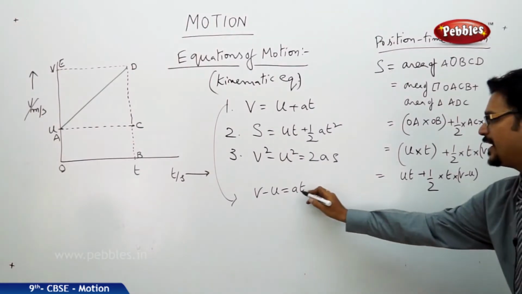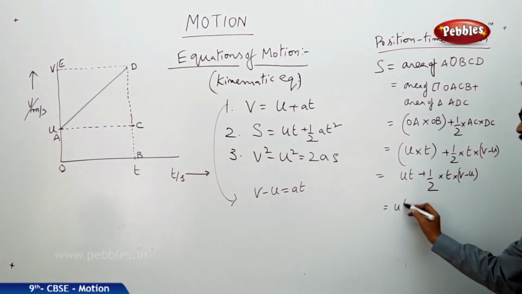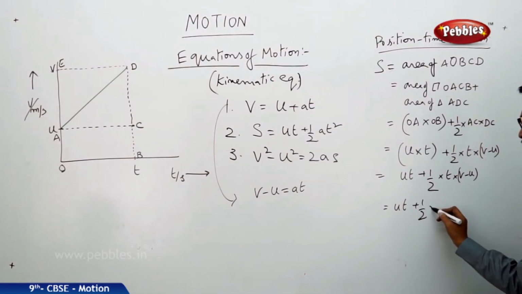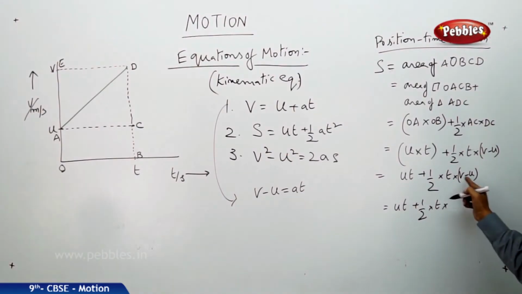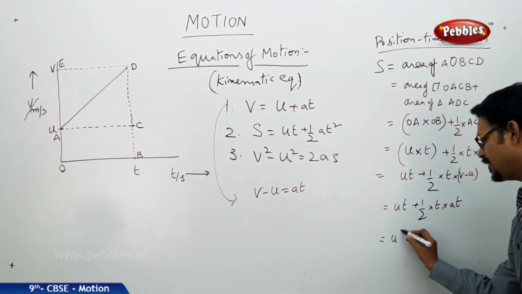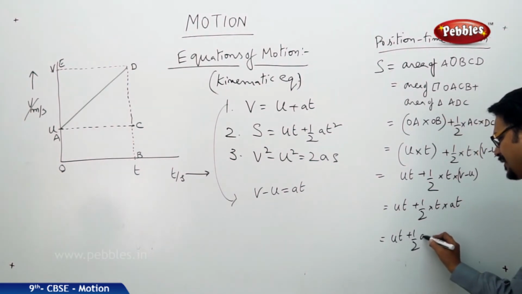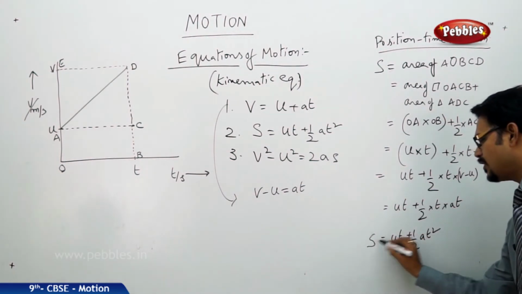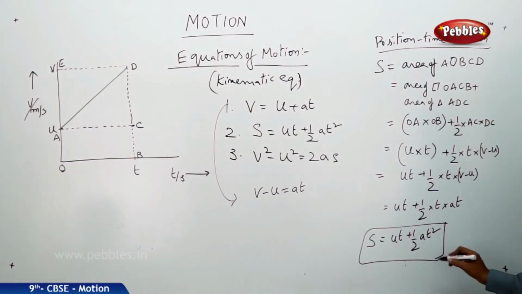So substitute this AT here. UT plus half into T into, instead of V minus U, I am writing AT. So at last I got UT plus half A T square. This is the distance formula, which is also called the position-time relationship.